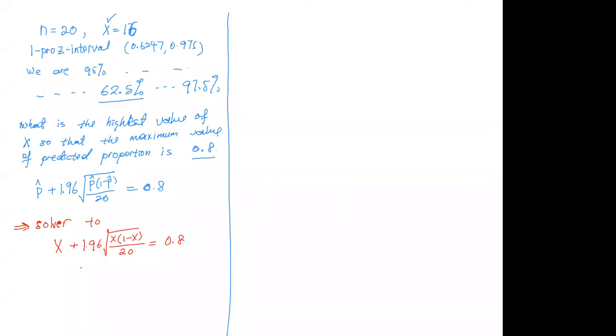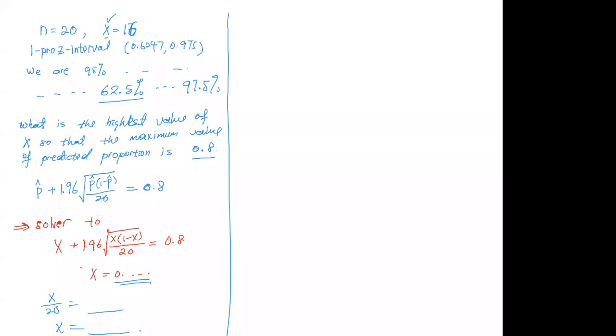I purposely write in red because I don't want you to confuse with this x. Solver will give you the value of x in point form. Then you write down your working: x over 20 is equal to whatever value here. Then you get your x, then you get the answer.